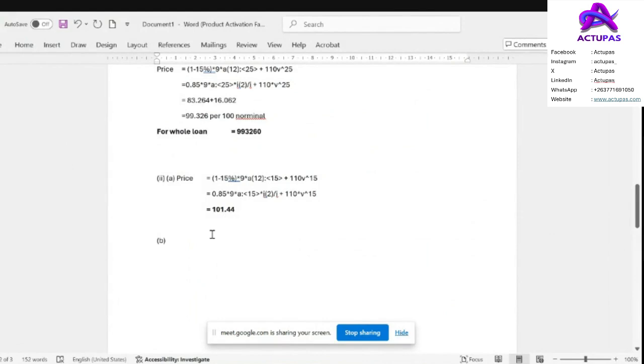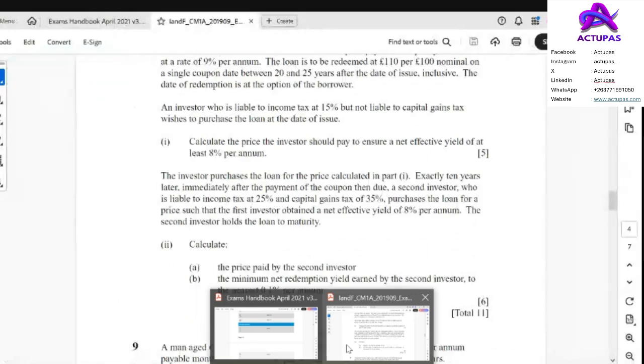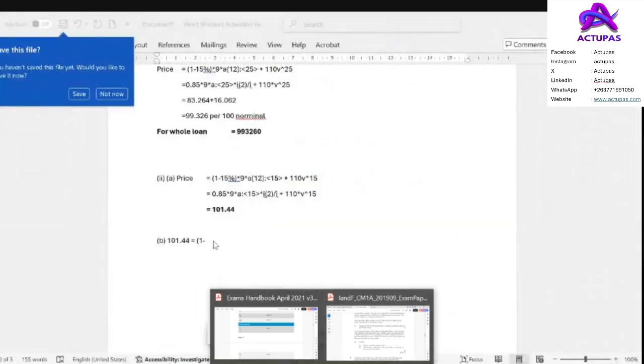So we are assuming the latest possible date because there is capital gains, since the price is 101 for 110. So this would be 101, the equation of value, 0.44 that we got here. The price is equal to, for the second investor, their income tax rate, we've been told, is 25%, and the capital gains 35.